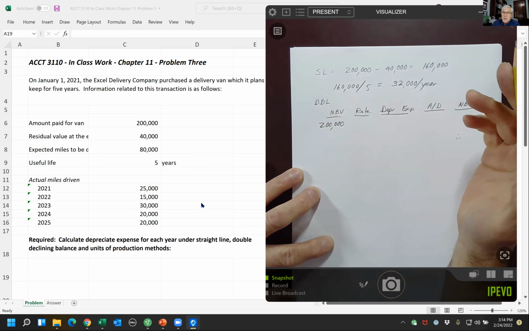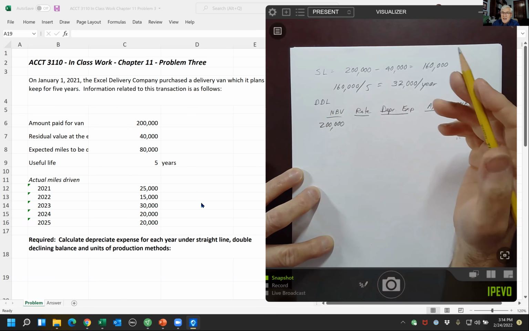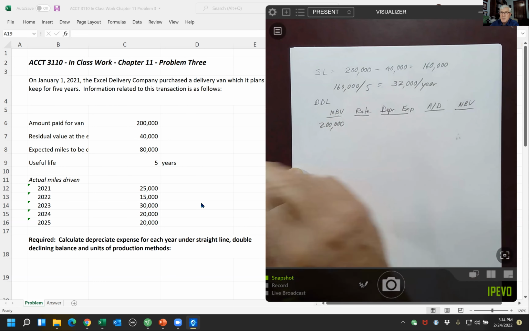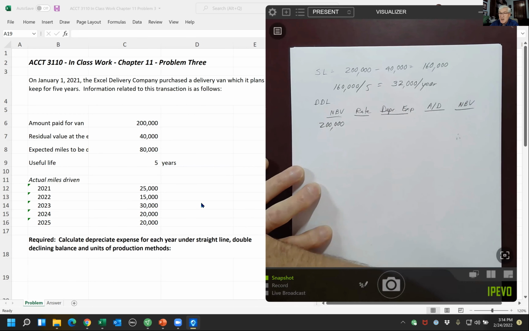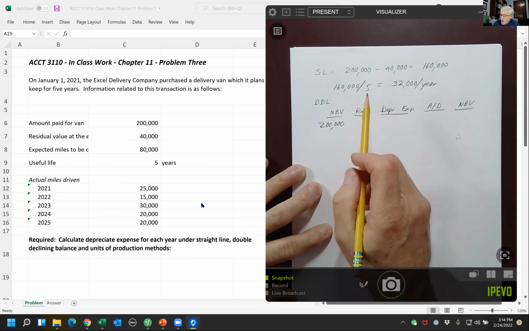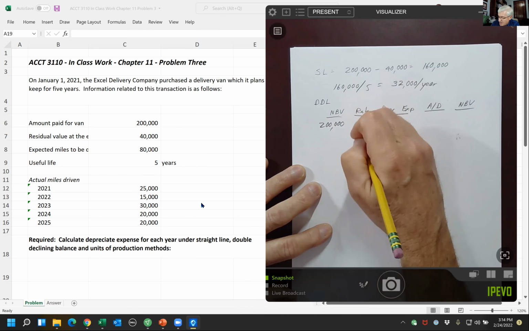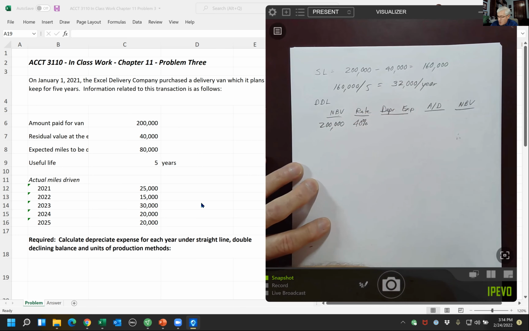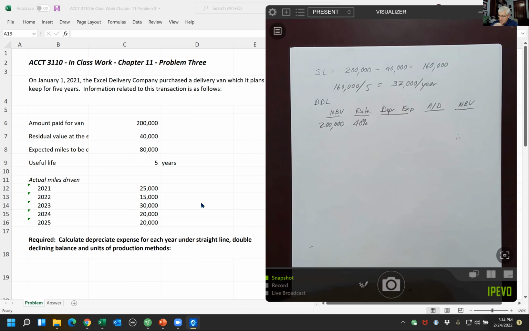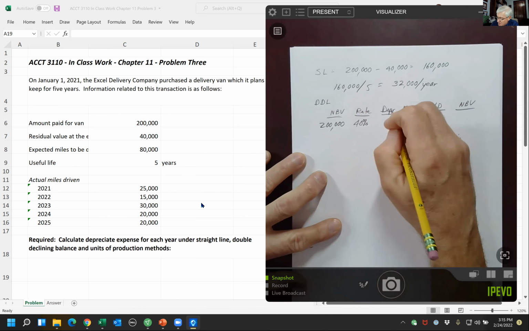Residual value has nothing to do with our net book value. And so in this method, we always start with net book value times double the straight line rate. So the straight line rate was 1/5 or 20%. So our rate for double 5-year rate is 40%. 40% times 200,000, that's easy math, 80,000.